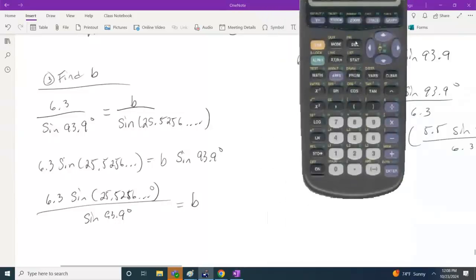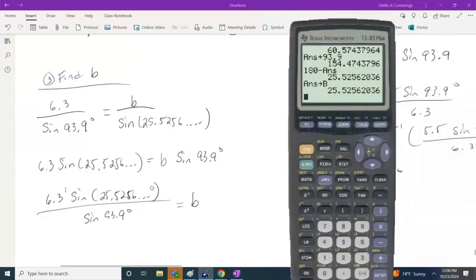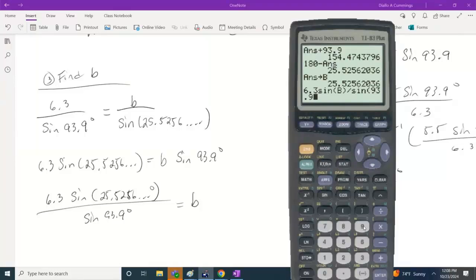So this is how I'm going to put this into the calculator. Remember that I already have this value stored for B. So I'm going to put this in as 6.3 times the sine of B. In order to recall B, I'm just going to hit alpha and apps. Divided by the sine of 93.9.